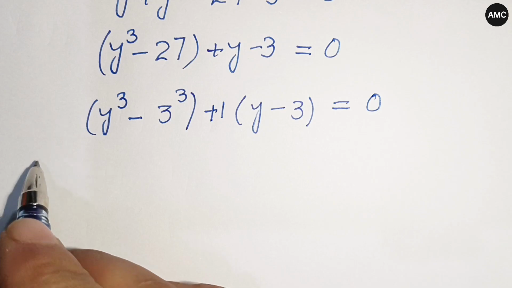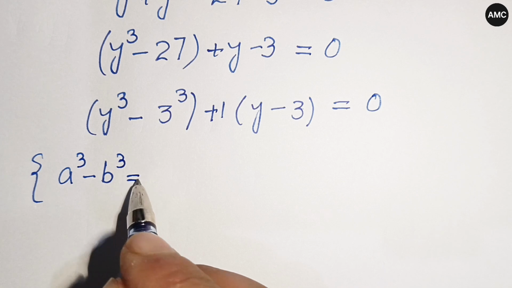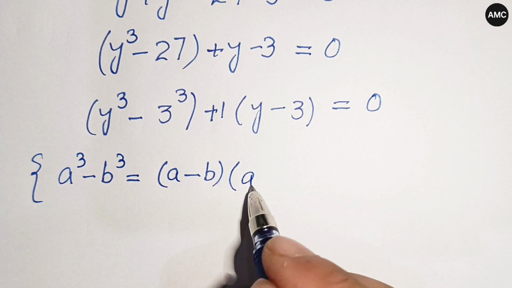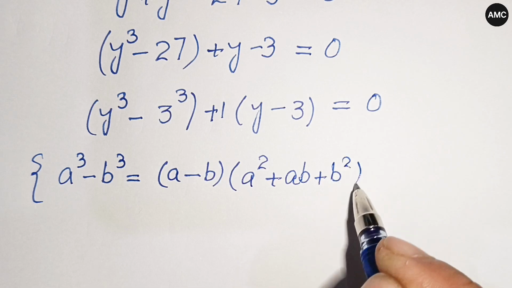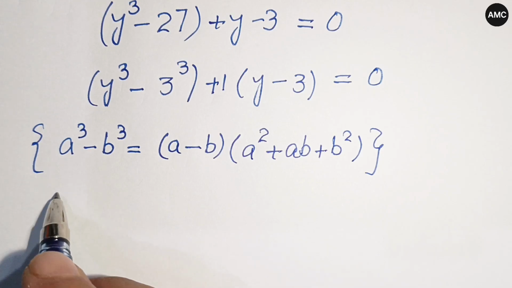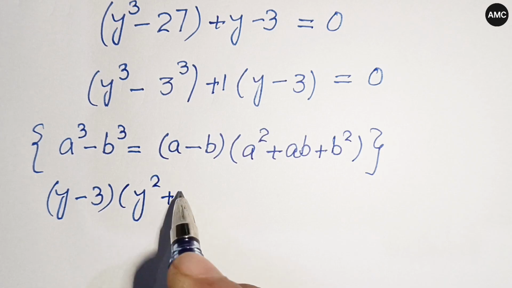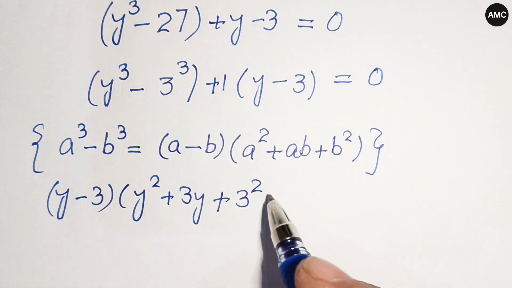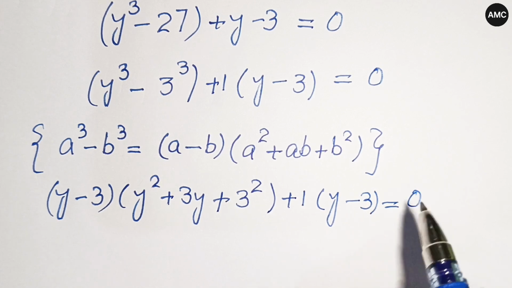Now we know that by algebraic identity, a cubed minus b cubed is equal to a minus b times a squared plus a times b plus b squared. So applying this identity here, we get y minus 3 times y squared plus 3 times y plus 3 squared, plus 1 times y minus 3 is equal to 0.